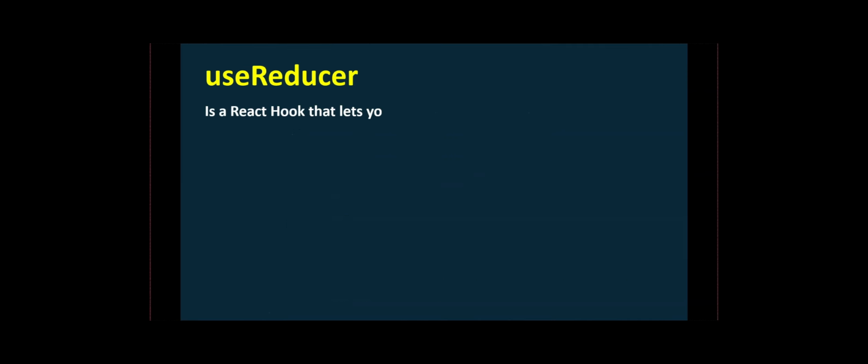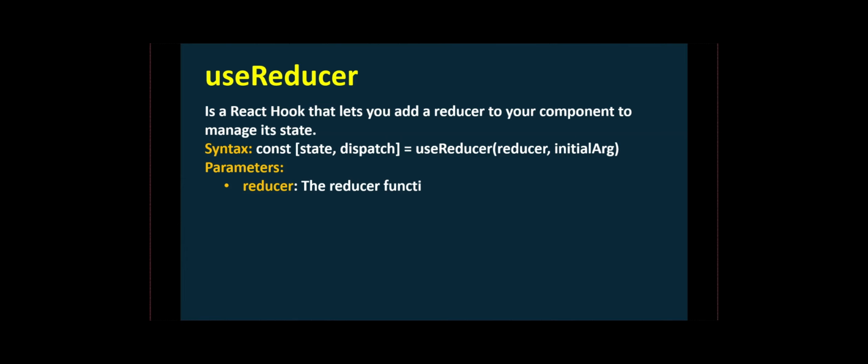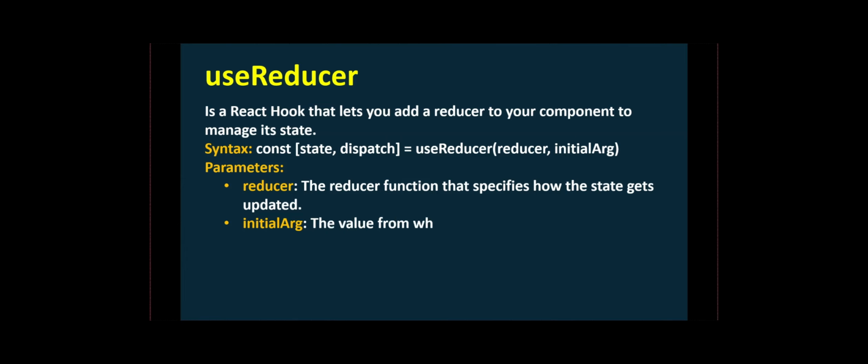useReducer is a React hook that lets you add a reducer to your component to manage its state. Here is the syntax for useReducer. useReducer takes two parameters. One is reducer, the reducer function that specifies how the state gets updated. And the second parameter is initial arg, the value from which the initial state is calculated.